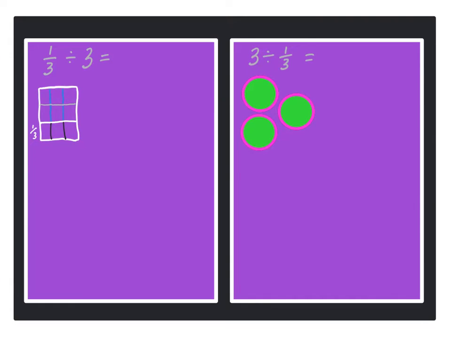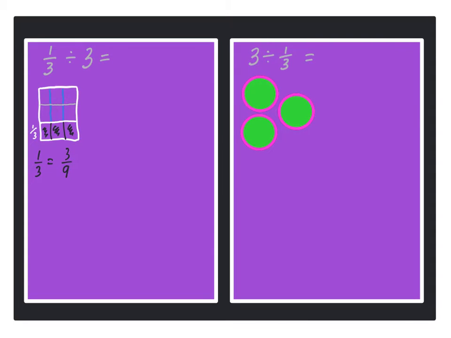So now, at the bottom, my 1/3, I can also say, is 3/9. Because once I split that into 3 equal parts and I extended my lines, it looks like I made an equivalent fraction. So now I can say I have 3/9.